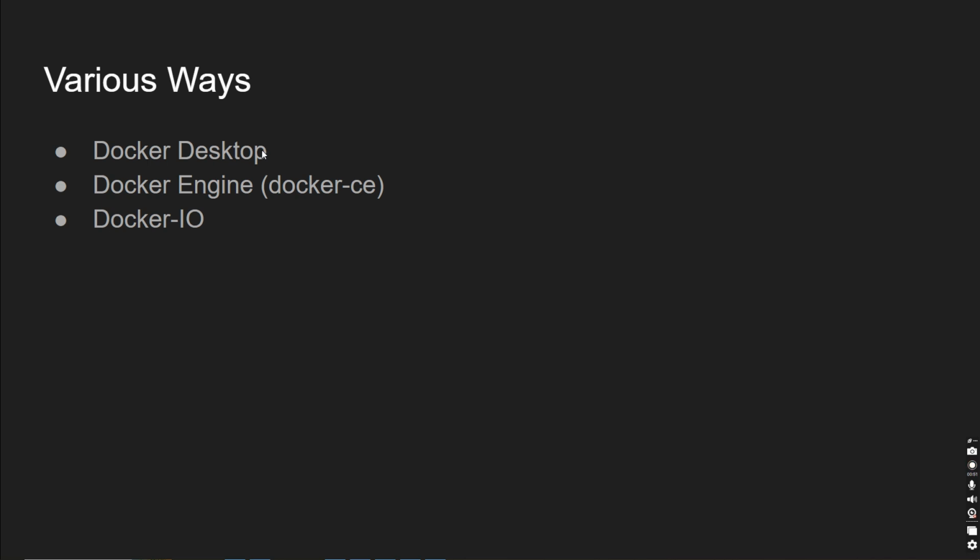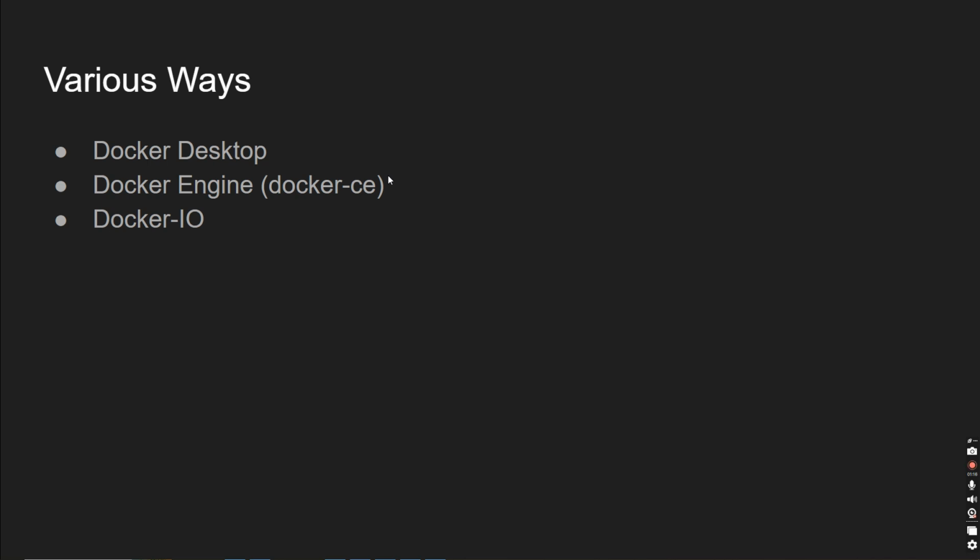It is available for Windows, Linux and Mac operating systems. As it has a GUI, you need to install it on a machine which has a GUI. So if you are a desktop user, you can go ahead with Docker Desktop, but it is not usable on a machine without a GUI.